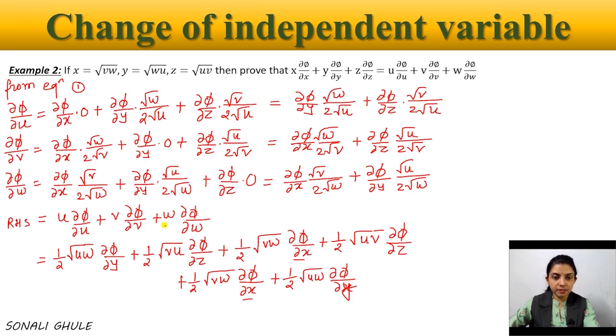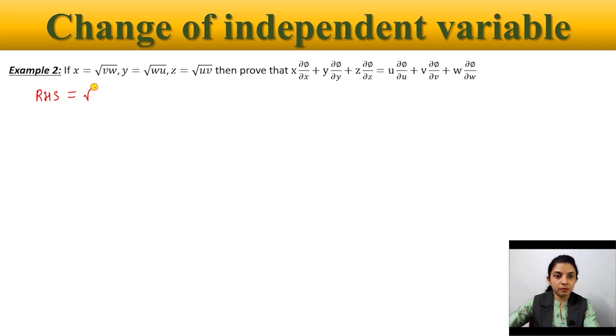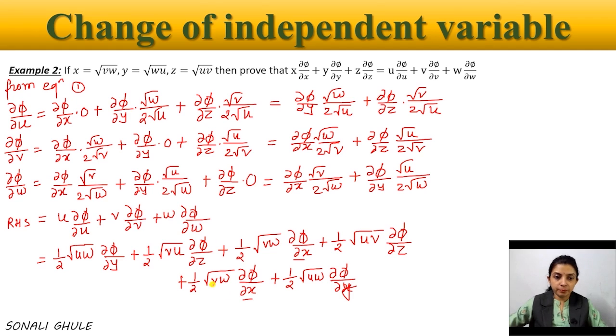I can write C root VW dou phi upon dou X plus, now see, for this dou phi upon dou Y and dou phi upon dou Y, both the terms are same. So simply we have to add this. So 1 by 2 plus 1 by 2 again 1.